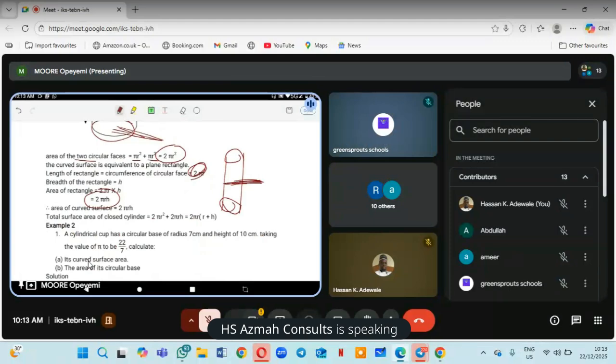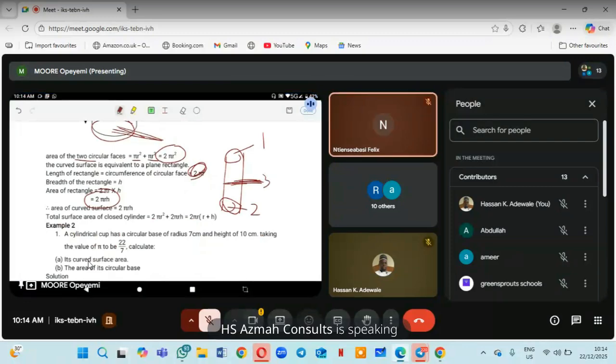Now, when the question says total surface area, how many surfaces do we have in a cylinder? There are three surfaces: two circular faces and one curved face. Are you with me?